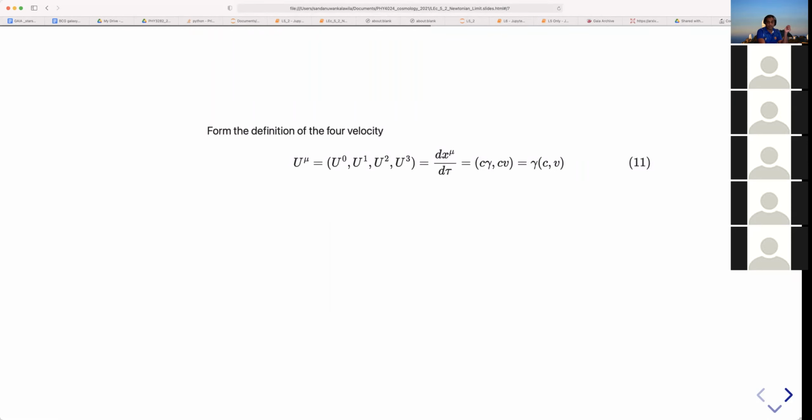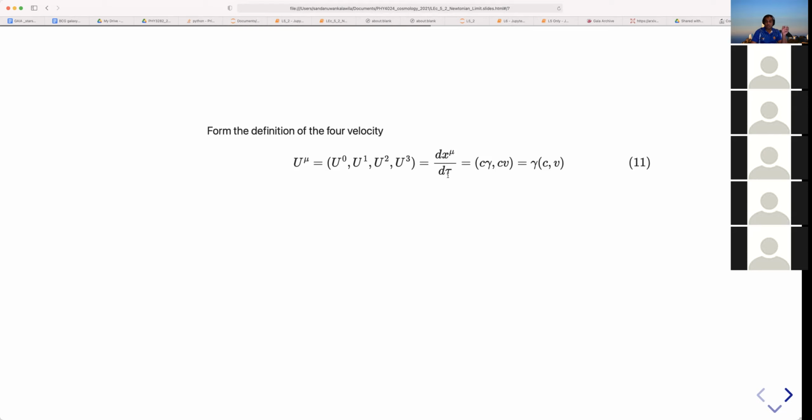And now, if you look at this U mu U nu term, which I have written in the equation, from the definition of 4 velocity, and I assume that you have done this in the special theory of relativity. The U mu term, this is called 4 velocity vector. You have 4 components: U0, U1, U2, and U3, and this is usually written as dx mu over d tau.